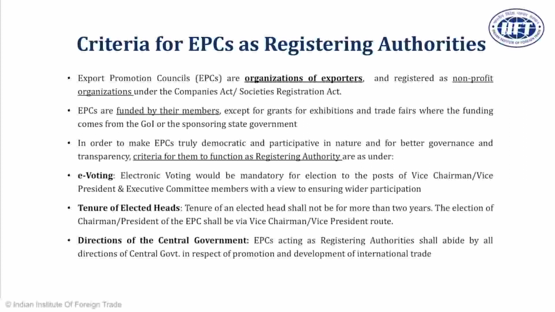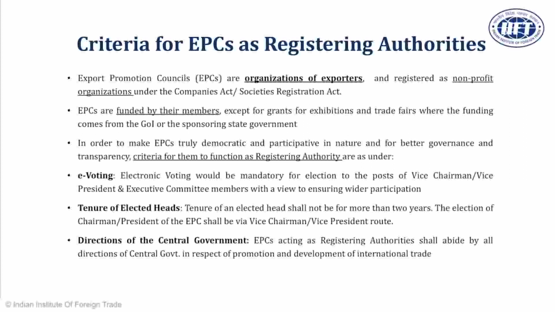If a president or a chairman wants to seek an election, he has to be first the vice president or the vice chairman. It is only through this route that he can become the head of that EPC. That is to ensure that he understands the trade and he knows how EPCs function.